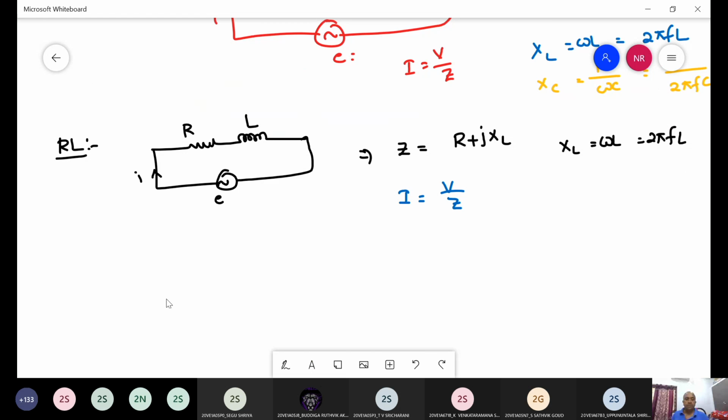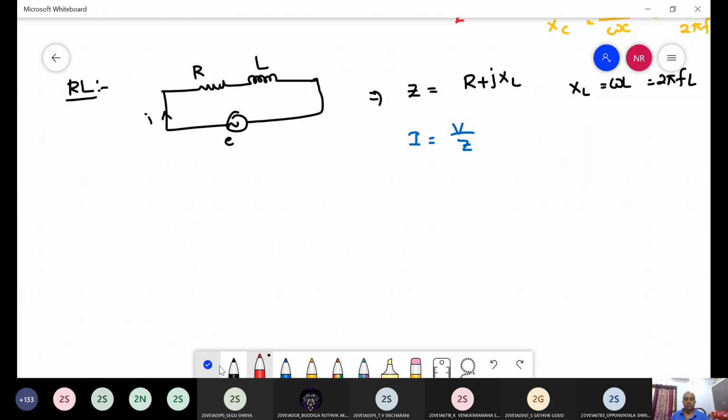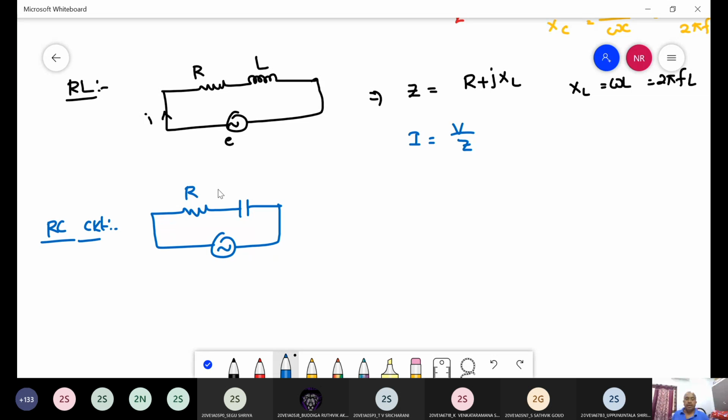Then the RC circuit. Here we have the resistor and capacitor. Then can you tell me what is the Z here? Z is R minus j XC.